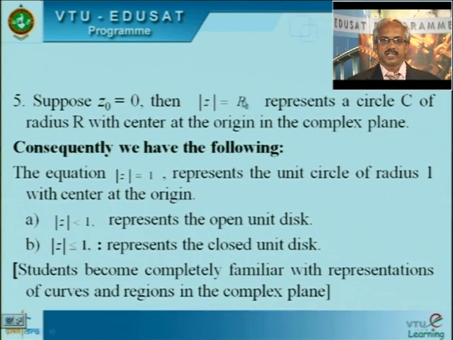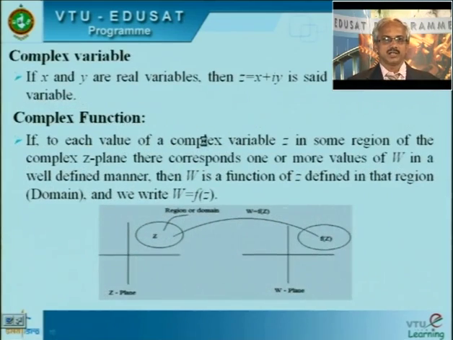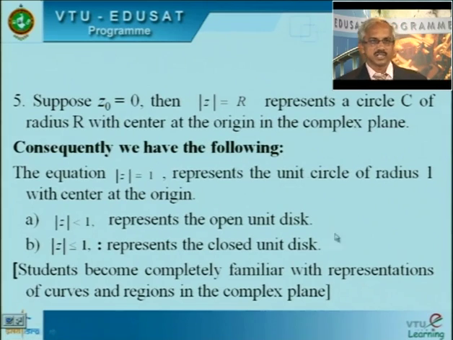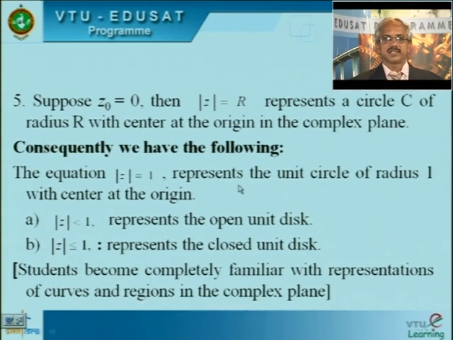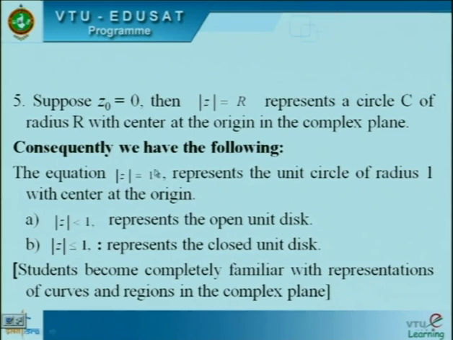If I take the value r = 1, meaning radius equal to 1, we have the following observations. The equation |z| = 1 represents the unit circle of radius 1 with the center at the origin. The unit circle means the radius is always equal to 1.